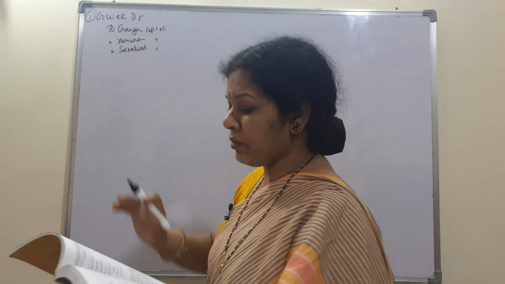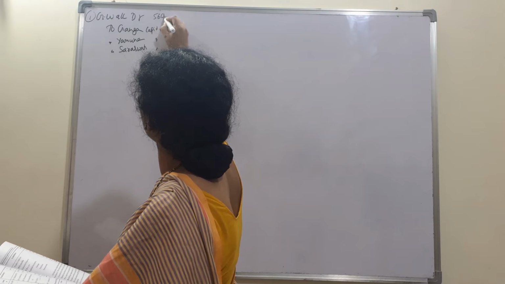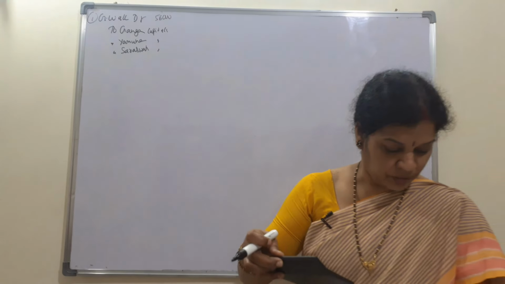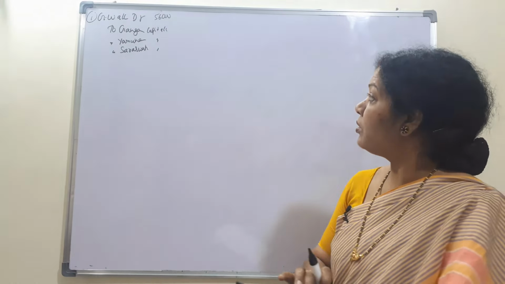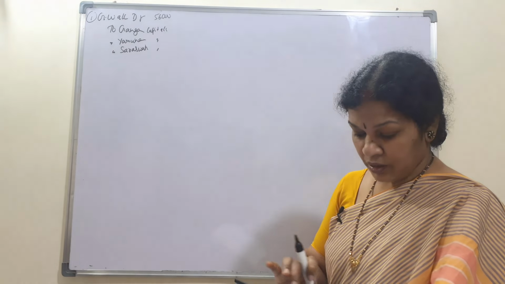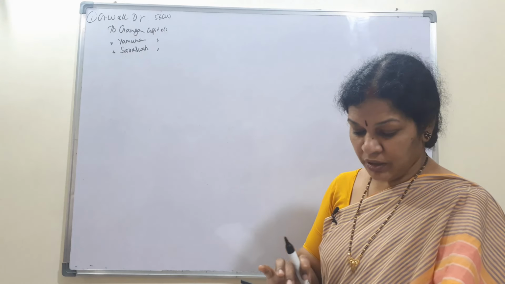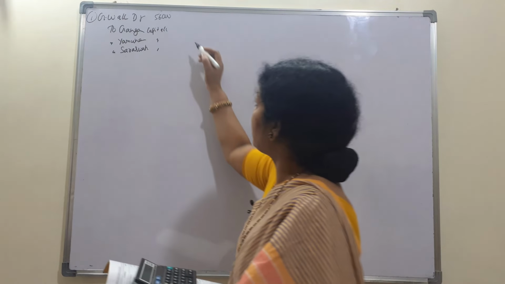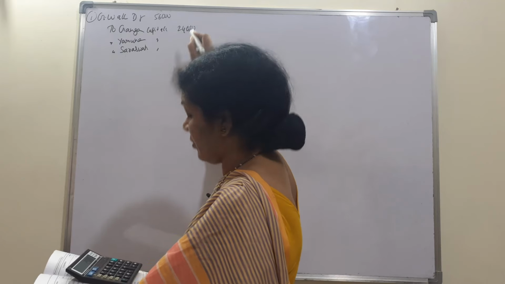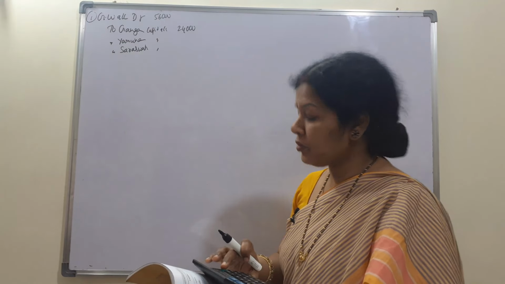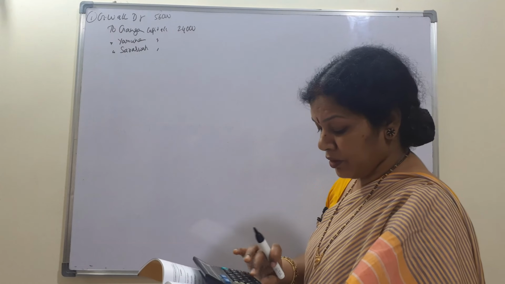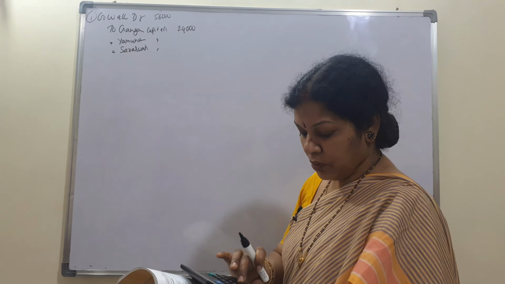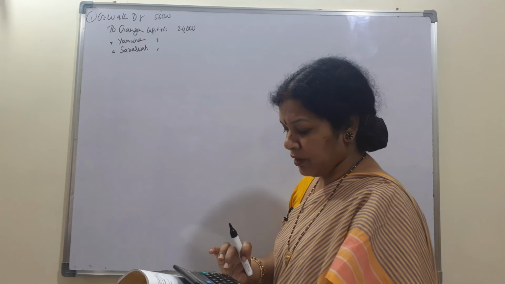Total goodwill here is 56,000. If you distribute it in 3:2:2, how much will you get? 56,000 into 3 divided by 7 is 24,000. Then 56,000 into 2 divided by 7 is 16,000.